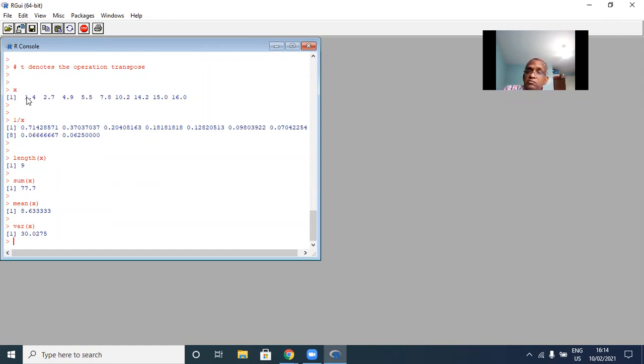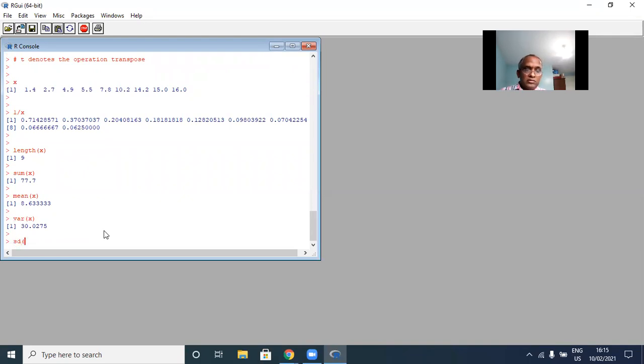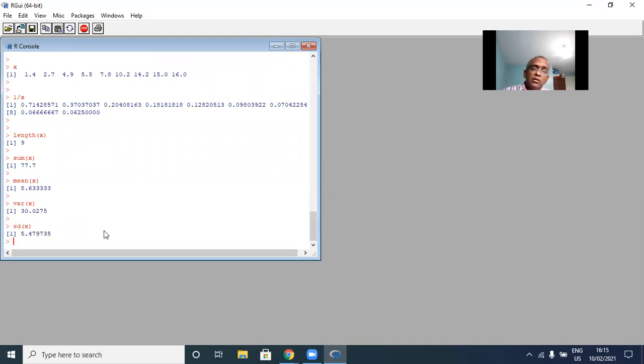Well, I gave you 2 formulas for sample variance. So this command here uses the unbiased formula for sample variance, right? And it turns out to be 30.0275. Now the standard deviation is this sd of x.